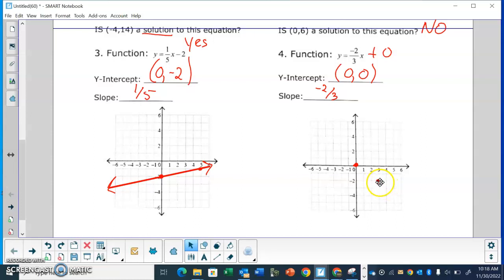All right, so let's say maybe on my line tool, start here, go through (0, 0). Once again, make sure you pull it all the way across the graph.